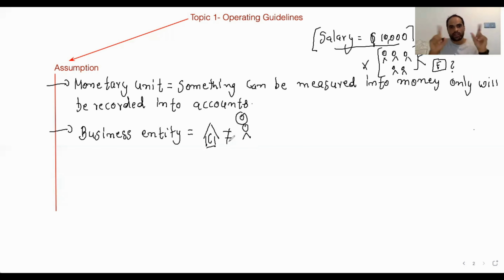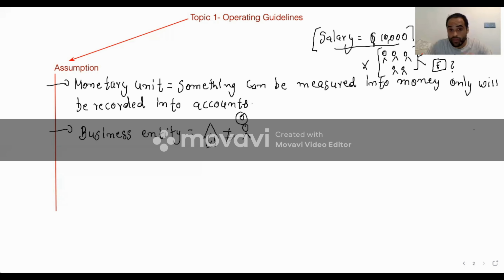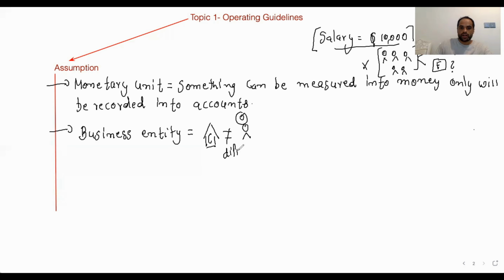They are different from each other. That is the business entity.